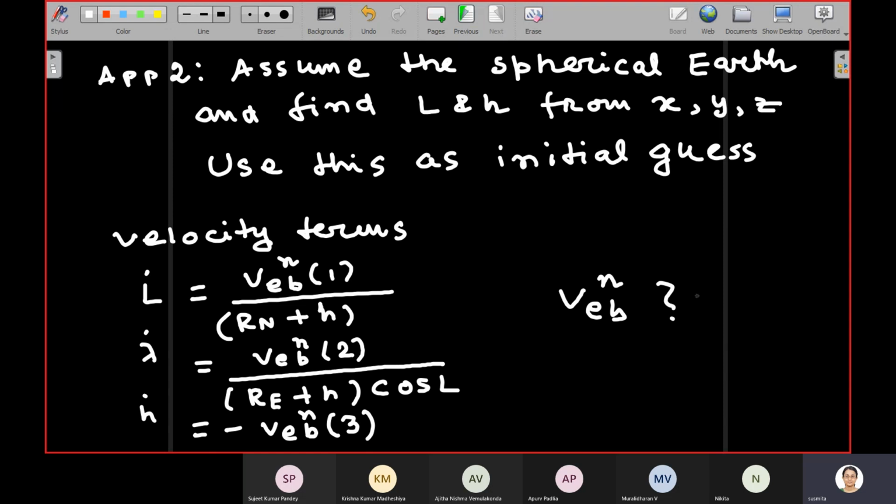Who will tell me what is this? If you cannot tell me, then I see no point in progressing further.